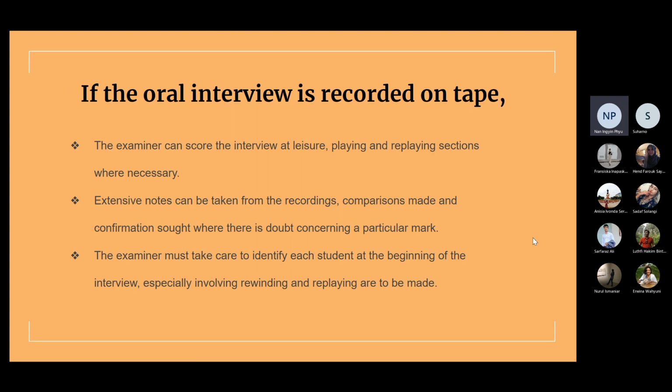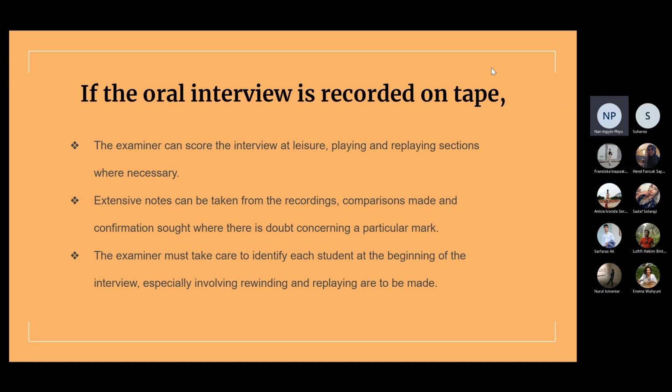So if the oral interview is recorded, sometimes the oral interview can be recorded on tape, then the good point of the recording is the examiner can score the interview at leisure, because it can be played and replayed again and again where necessary. So even if the teacher couldn't listen to this part carefully, they can replay it and pay more attention.